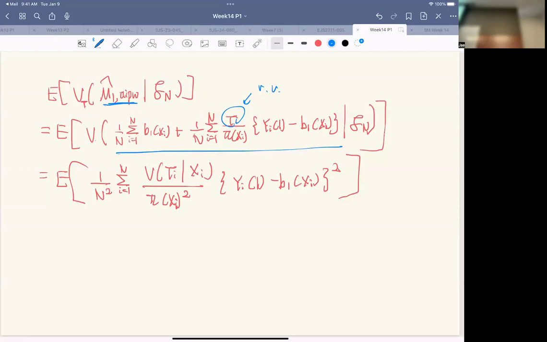So then we just write this. The variance of ti given xi is pi(xi) minus pi(xi) squared.